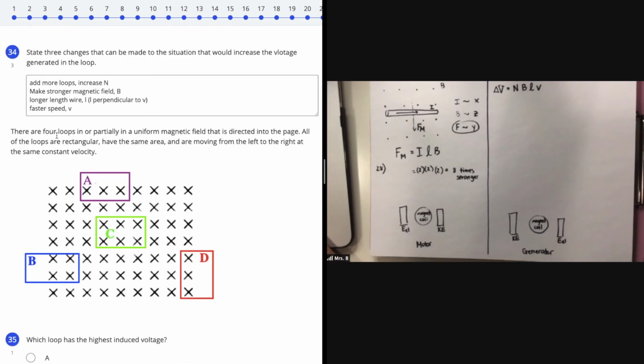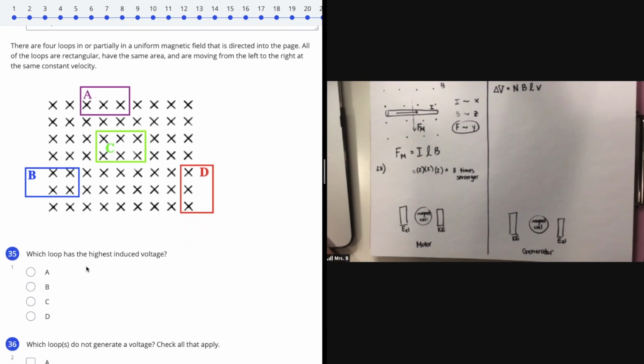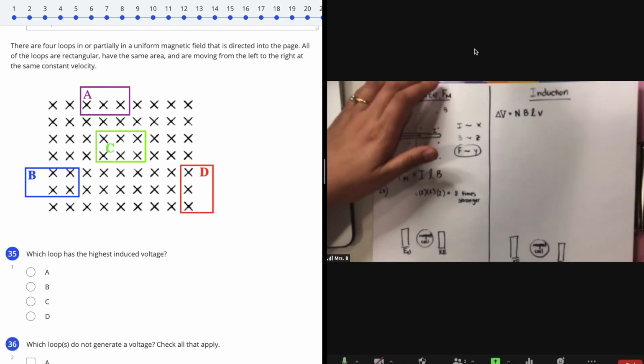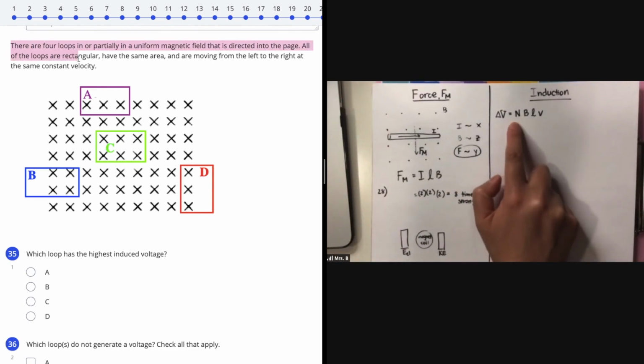So when I have 4 loops in a uniform magnetic field, I can have them all move, but they don't all have the same voltage. With this NBLV equation for induction, assume that N equals 1 for all coils if it doesn't say otherwise. So we know N are all the same, B are all the same, but L is not the same.